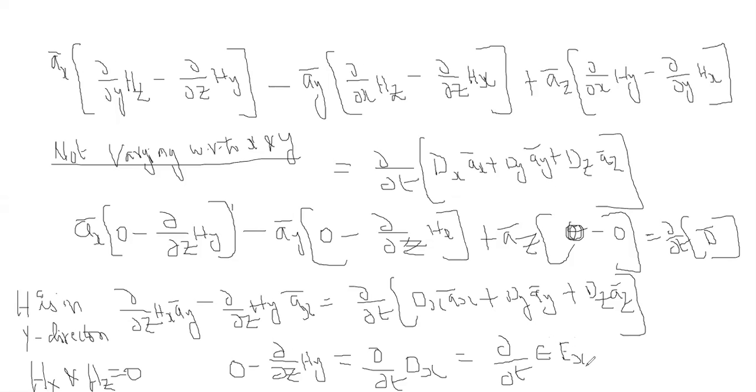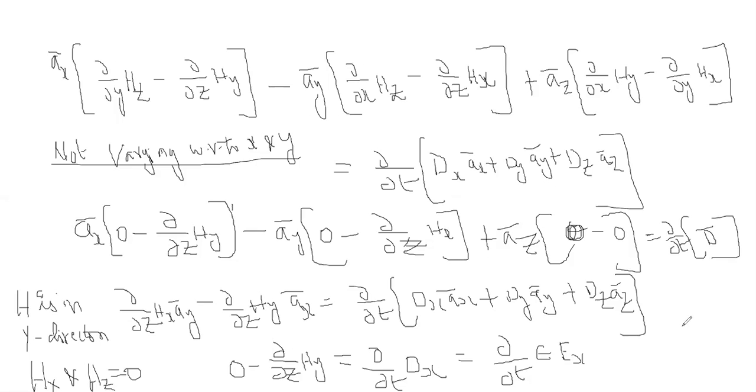Epsilon into Ex. So now you can see here, you can keep it as E bar and H bar when it is a vector, otherwise there is no direction, so no need of this one. Minus dou by dou z of Hy is equal to dou by dou t of epsilon into Ex.